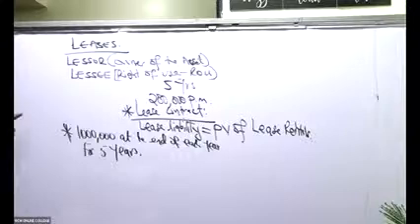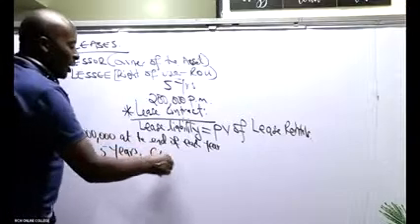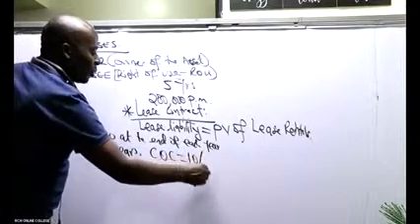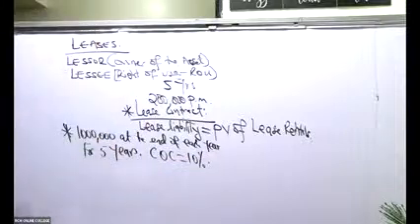So the lease rental is 1 million shillings every year, at the end of each year, for 5 years. And they have given us the COC, the cost of capital, at 10%.